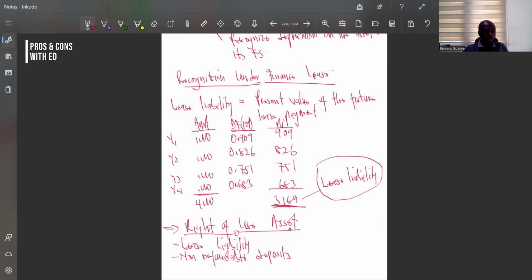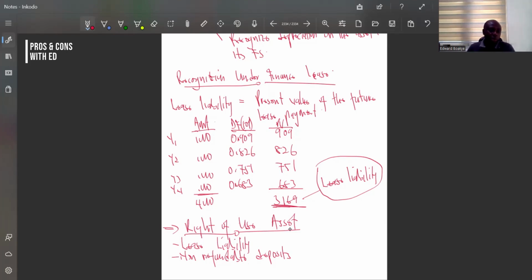There are times too you may make some direct expenses based on the asset that you are leasing. Direct expenses like an amount to take the asset from the lessor to the lessee's place to install.